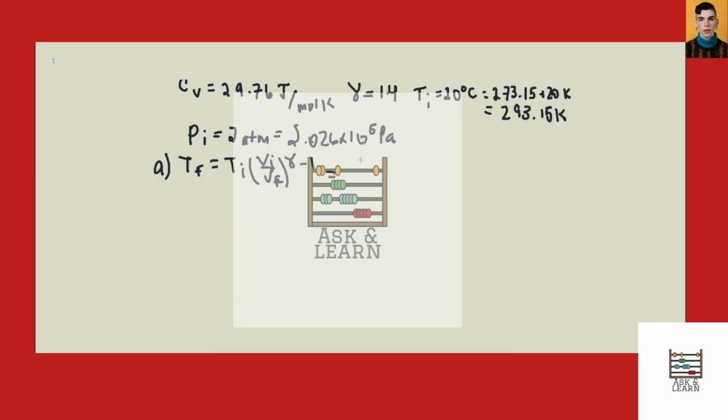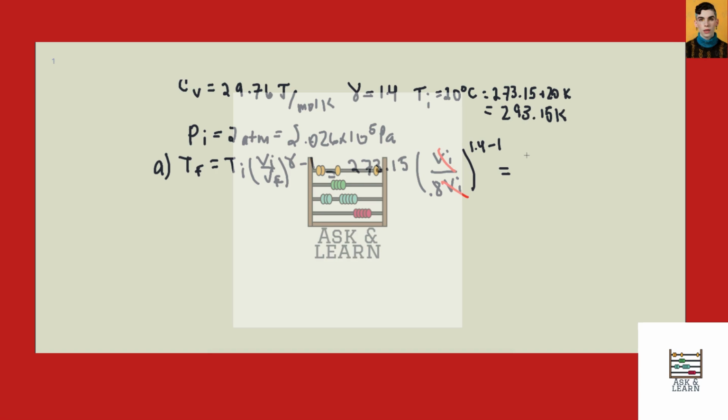So if you plug in numbers to that, you're plugging in 273.15. And then V initial is just going to be V initial. And then V final we know is 0.8 times V initial. And we want to set that to the power of 1.4 minus 1. And then if you do that, the V initials cancel, and you're just left with 1 over 0.8 to the 0.4 power, times 273.15.